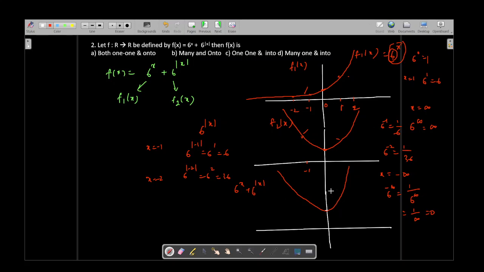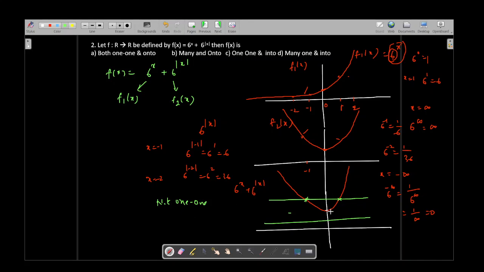Now with this plot, it's very easy to find which type of function this is. If I want to check one-one, I'll take a horizontal line and move it through the function. See, at one point it touches the function at 2 points. So it is not one-one.